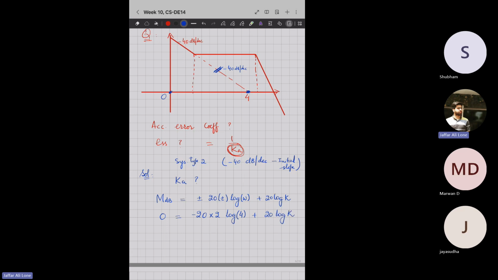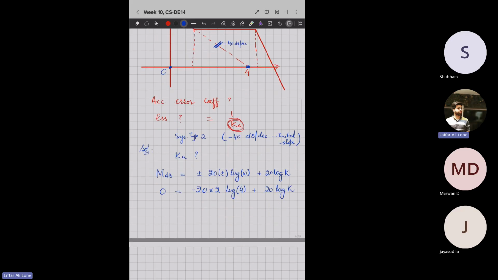If you solve it, it will basically be like this. 20 log of k is equal to 40 log of 4.